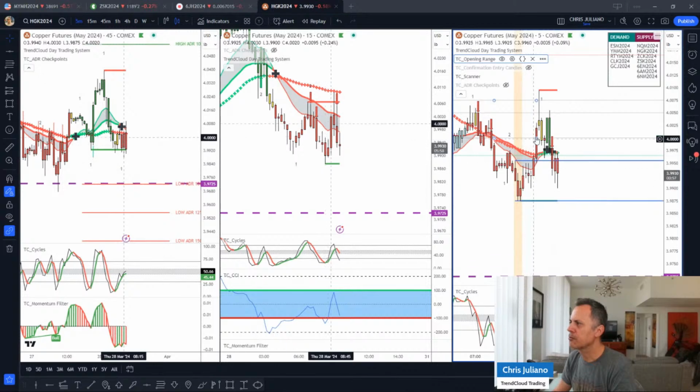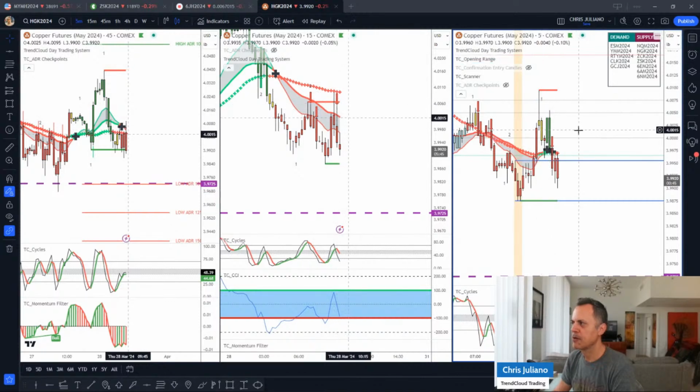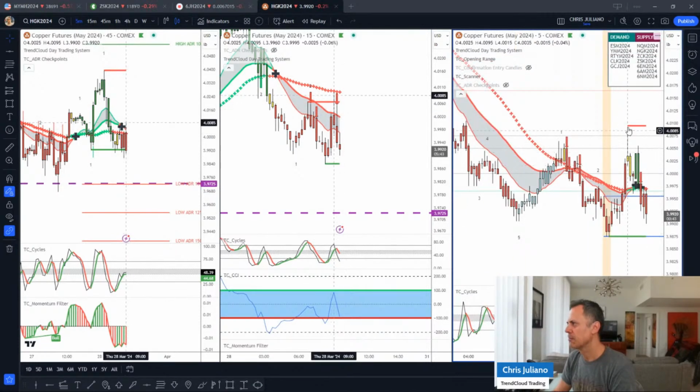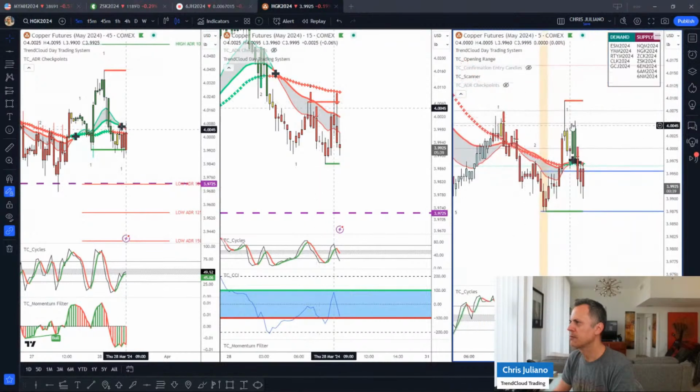Okay, so we broke to the upside on these 3 time frames. Downtrend, downtrend, momentum is down, but we broke to the upside. So this right here, we'd be looking for some sort of bull trap.